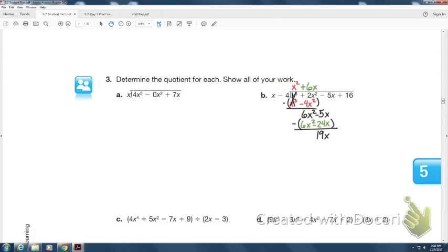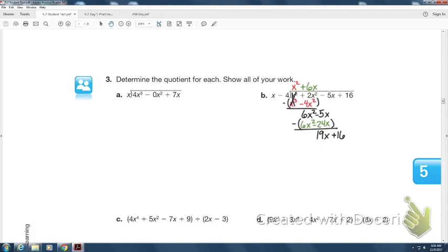And then I bring down the 16. After that, Tanner, what do I need to do? The next step. That is correct. I need to do the next step, which would be what? You divide 19x by x.